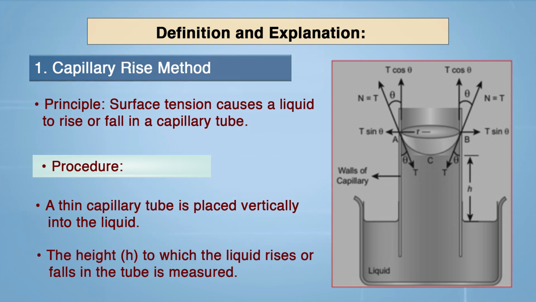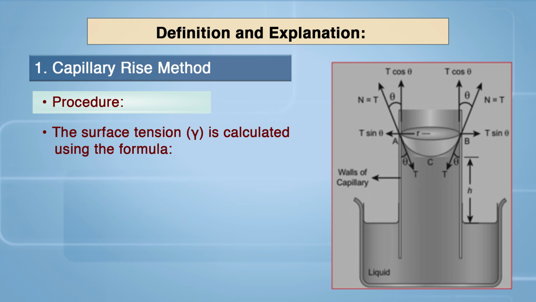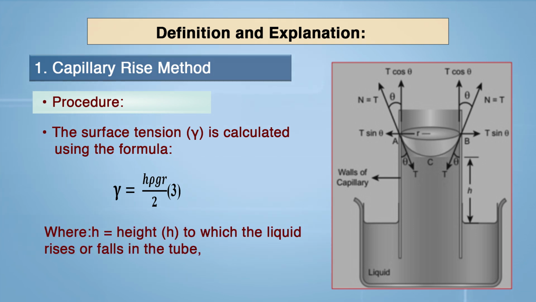The height h to which liquid rises or falls in the liquid is measured, and the surface tension is calculated using the formula gamma is equal to h rho g r divided by 2, where h is the height to which the liquid rises or falls in the tube, rho is the density of the liquid, g is acceleration due to gravity, and r is the radius of the capillary tube.